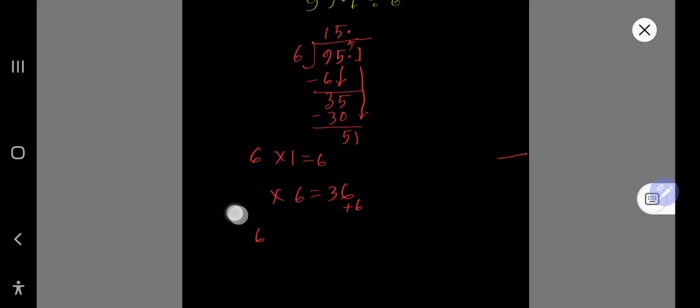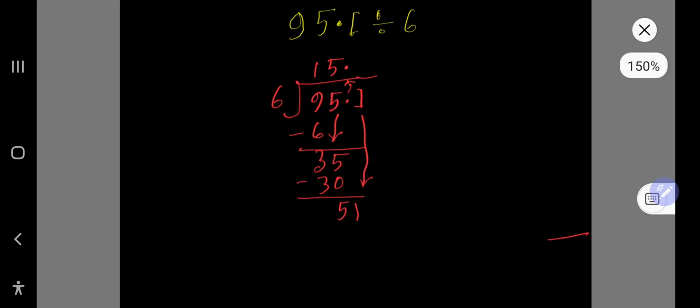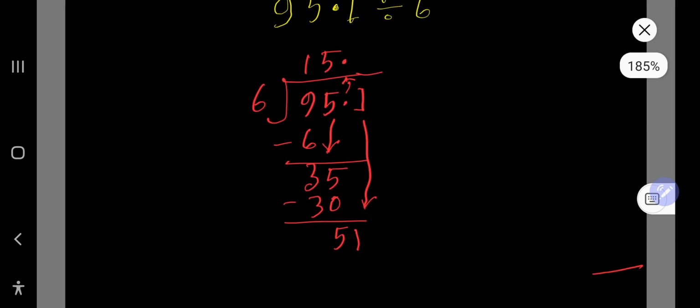So let us check. Right here 48 and 51, if you subtract, then you are getting 3.